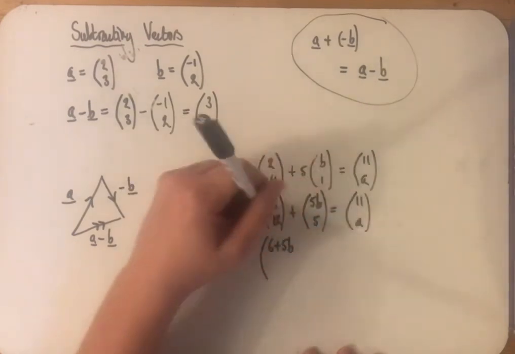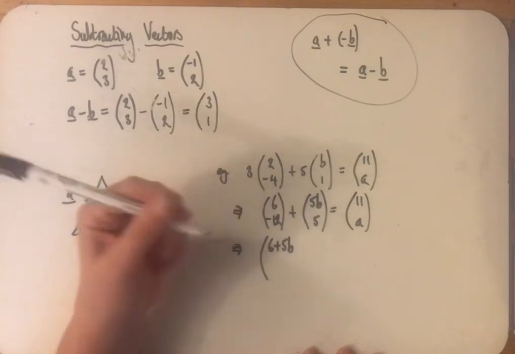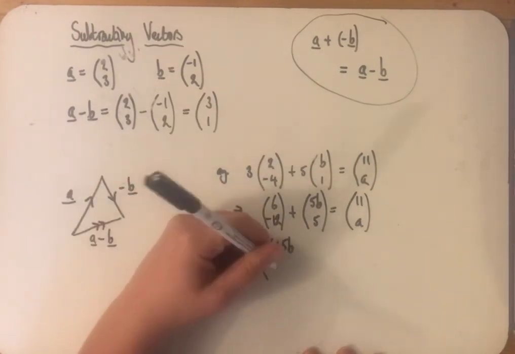You could subtract that one from that side if you want, so you can play around with these. Minus 12 plus 5 is minus 7.